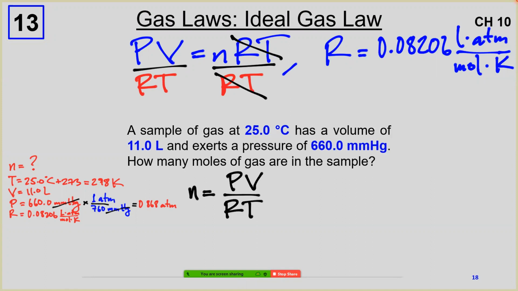All right, let's plug in the numbers. We have pressure, which is 0.868, multiplied by volume, which is 11 liters.